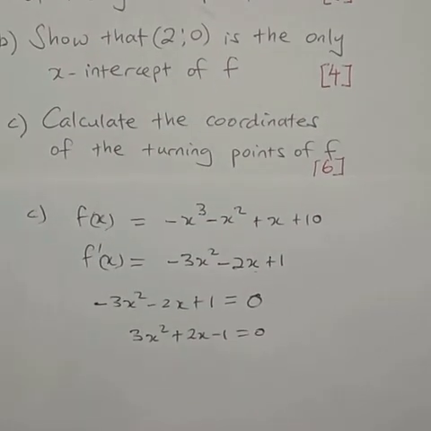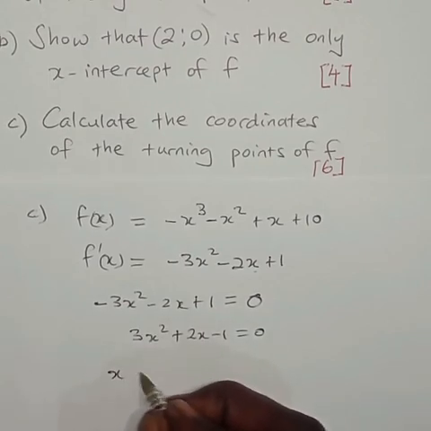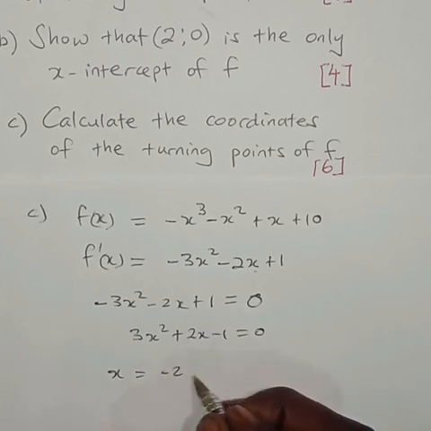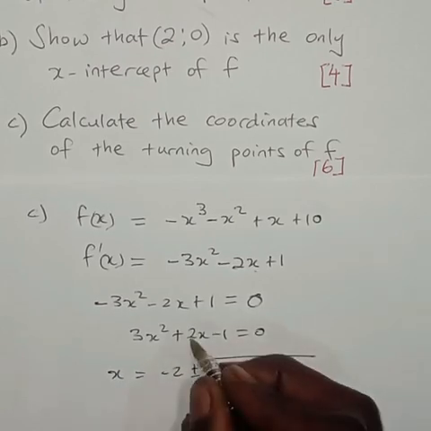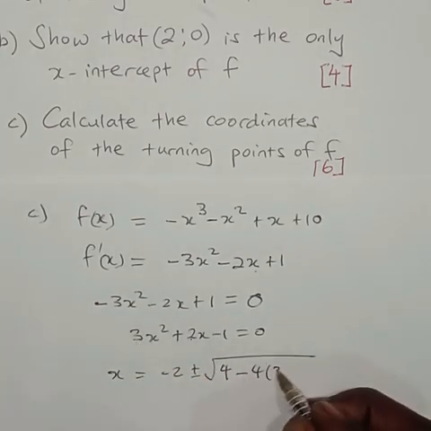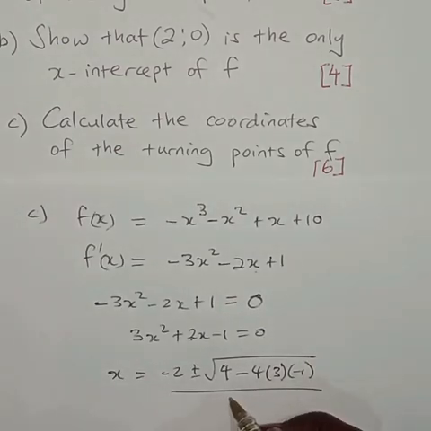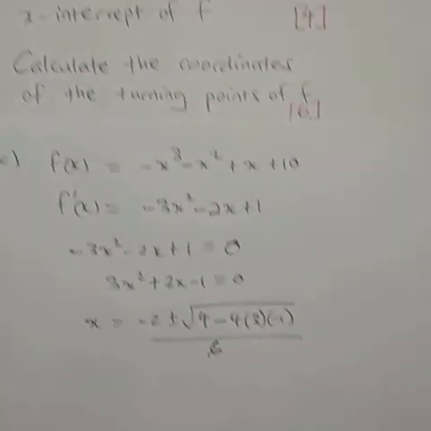Now, allow me to use the quadratic formula. We're saying x is equal to minus b plus or minus the square root of b squared, that's 4, minus 4 times a, where a is 3 and c is minus 1, all over 2a, 2 times 3, 6.